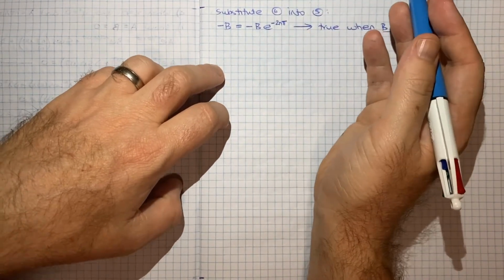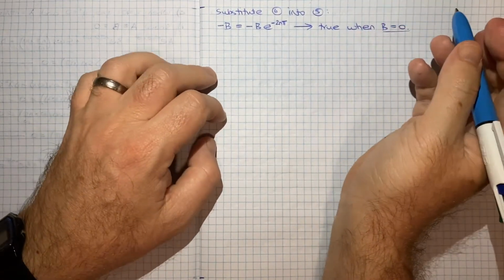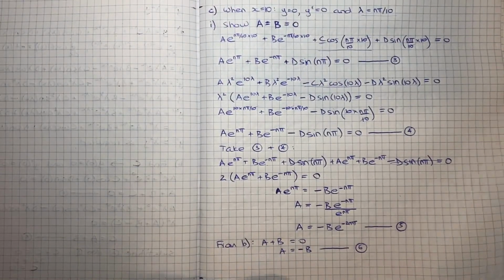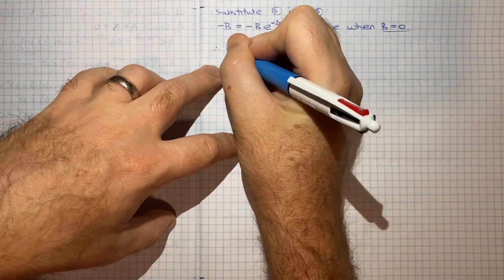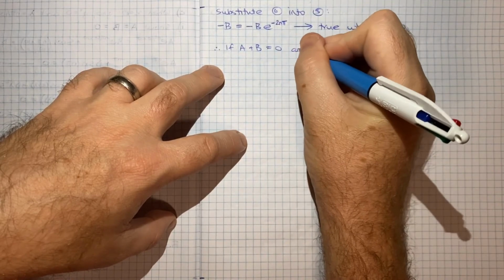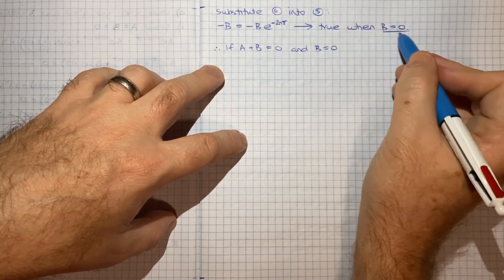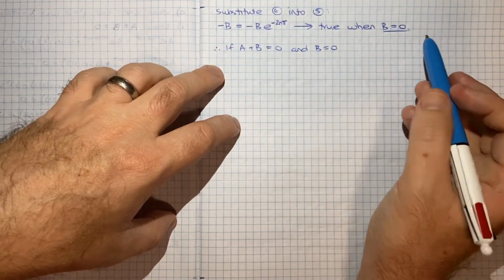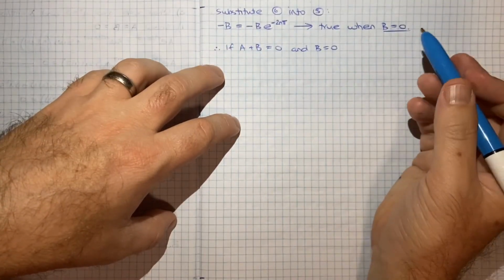So what we can say is, well, we've just seen that a plus b is equal to naught. Therefore, if a plus b is equal to 0, and we know b is equal to 0, or b being equal to 0 is satisfactory, it's a value of b that satisfies what we need to be true.